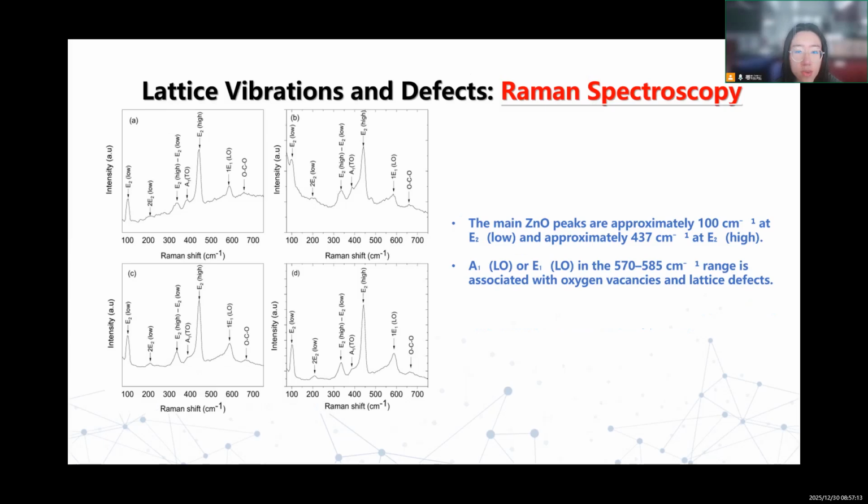From that, we can know the sharp and high-intensity E2 high peaks indicate good lattice quality and low defect density. And from the picture, we can find the A1(LO) or E1(LO) in the 517 to 585 centimeters inverse range is associated with oxygen vacancies and lattice defects. All of that, these enhanced defects indicate increased defect concentration, affecting the optical properties of zinc oxide.